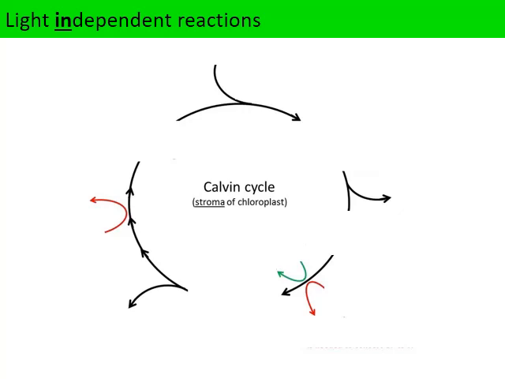So the cycle itself, there's 2 starting substrates, and the first one is a 5-carbon molecule called ribulose bisphosphate. Now ribulose means 5, so we can see there's 5 carbons in this sugar, and bis means 2, so there's 2 phosphate groups as indicated by the yellow circles.